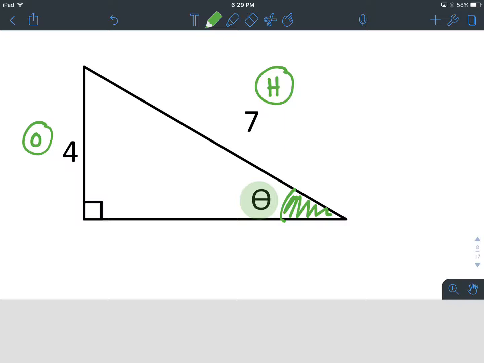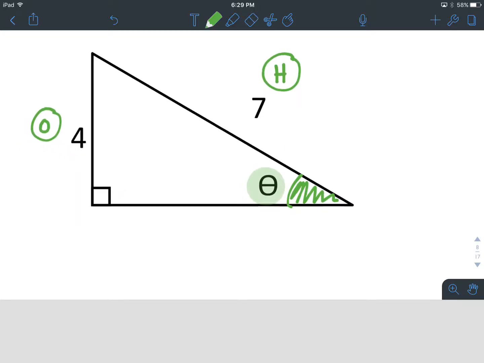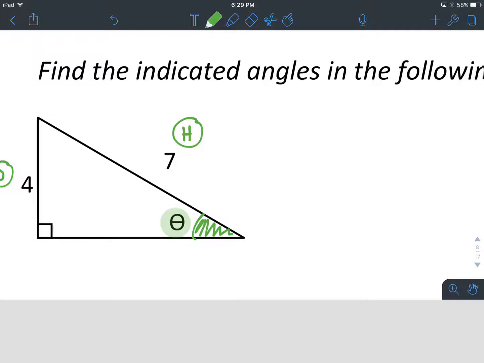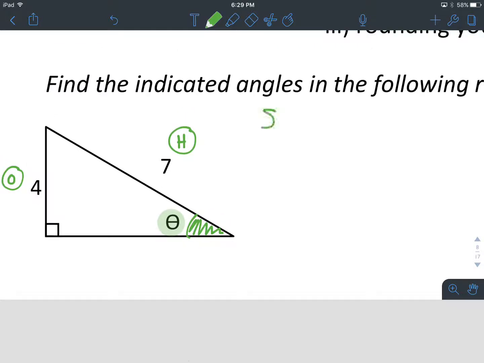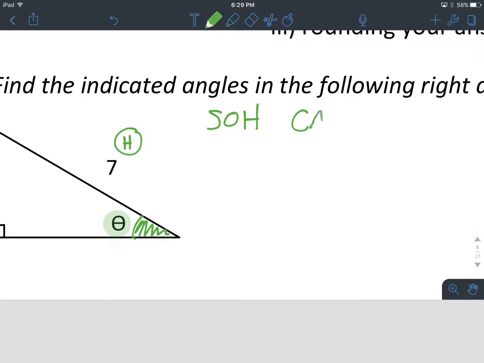So I'm going to write out the three possible trig ratios we could use here. We've got sine of theta, which is opposite over hypotenuse, cos of theta, which is adjacent over hypotenuse, and tangent of theta, which is opposite over adjacent.